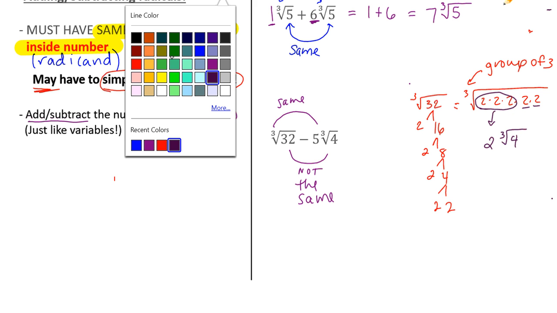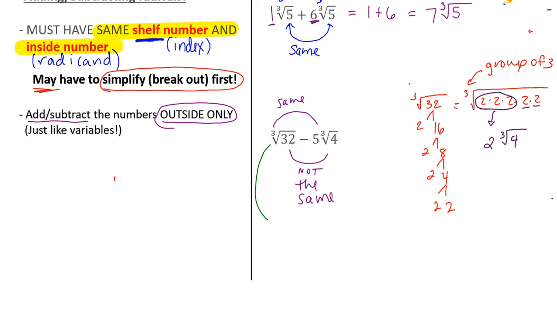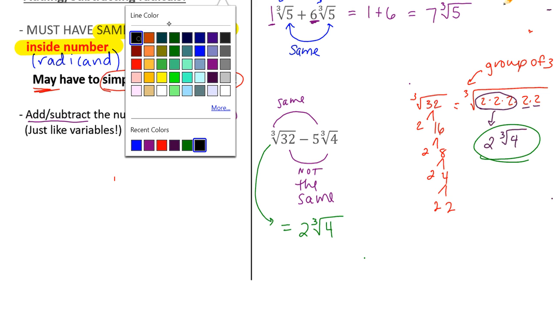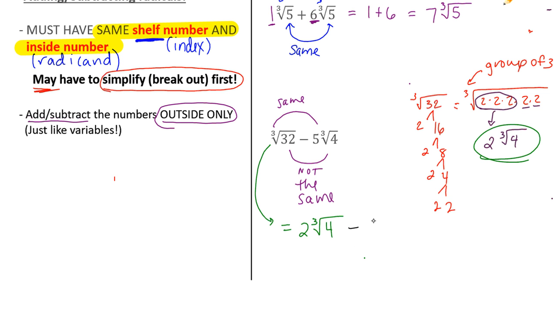So I am going to rewrite this. That's going to equal 2 cube root of 4, cube root with a 3 out in front, 4 right there, and then minus 5 cube root of 4. That's this guy.